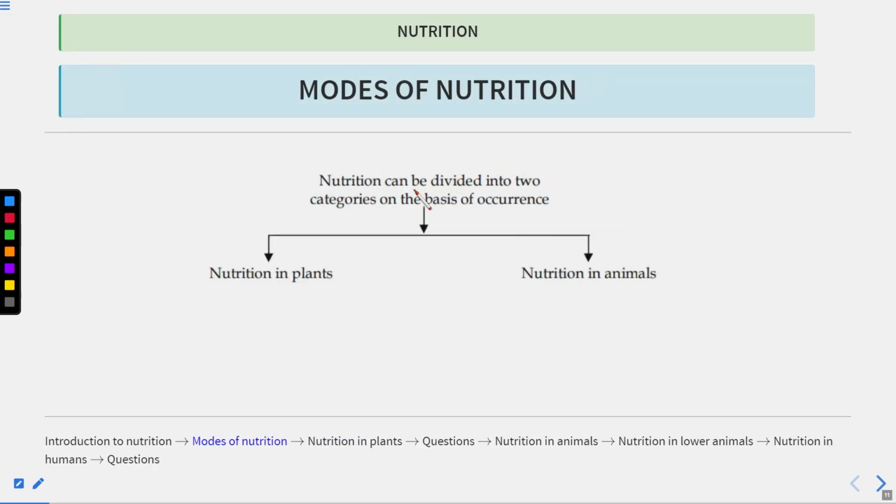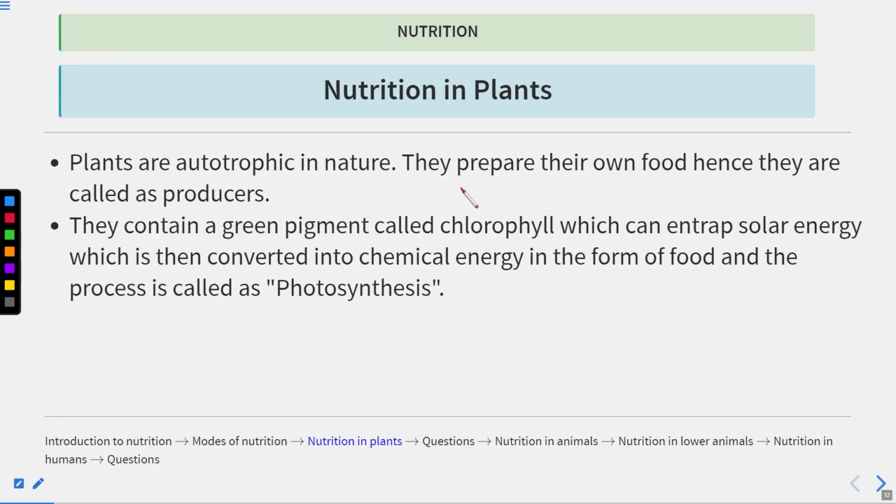Now, nutrition can be divided into two categories on the basis of the occurrence. Here we are characterizing nutrition on the basis of the occurrence. First is nutrition in plants and second is nutrition in animals. Now, plants, we know they are autotrophic in nature.